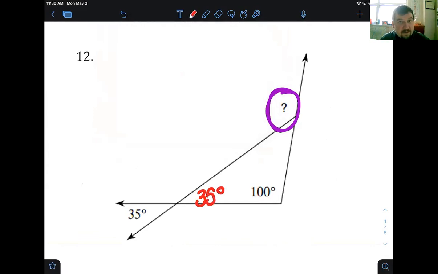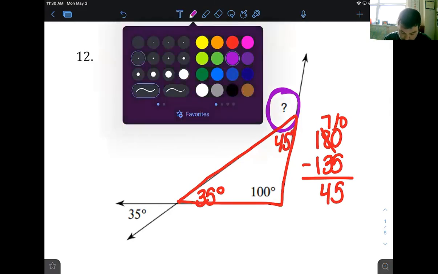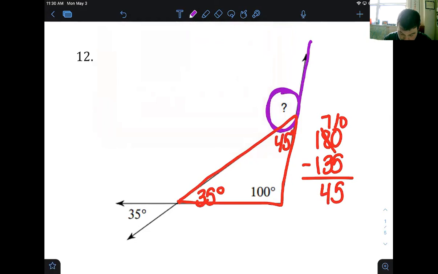I also know that there's 180 degrees in every triangle. And so this forms a triangle right here. So take 180 minus the 2 angles you already have. The 100 plus the 35 is 135. Okay, that's going to give you 45. So we know this angle here is 45 degrees. And then to find our missing angle, we know this makes a straight line.